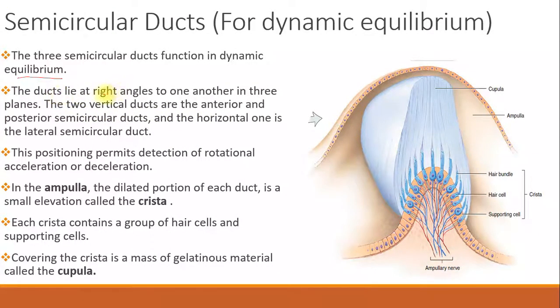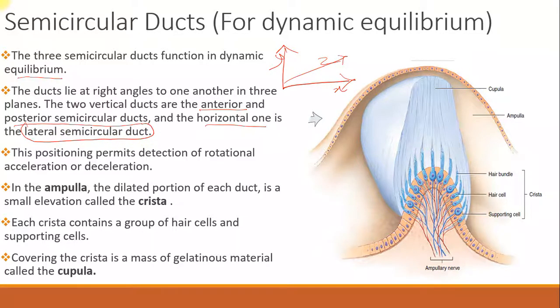The ducts lie at right angles to one another in three planes. As I said earlier, they are arranged in three planes, like the x, y, and z axes. The two vertical ducts are the anterior and posterior semicircular ducts, and the horizontal one is the lateral semicircular duct.